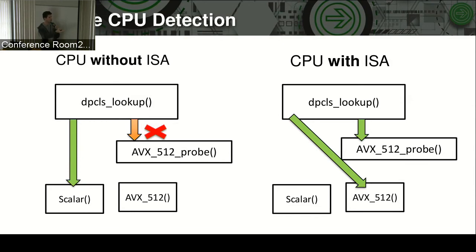Now, to your point, we may be running on a really modern CPU, but the CPU flags in the VM may be told to pretend that it's a much older generation CPU. In that case, OVS will just use the scalar code path. It will see its limited feature set from the CPU based on the virtualization and not use the latest ISA.